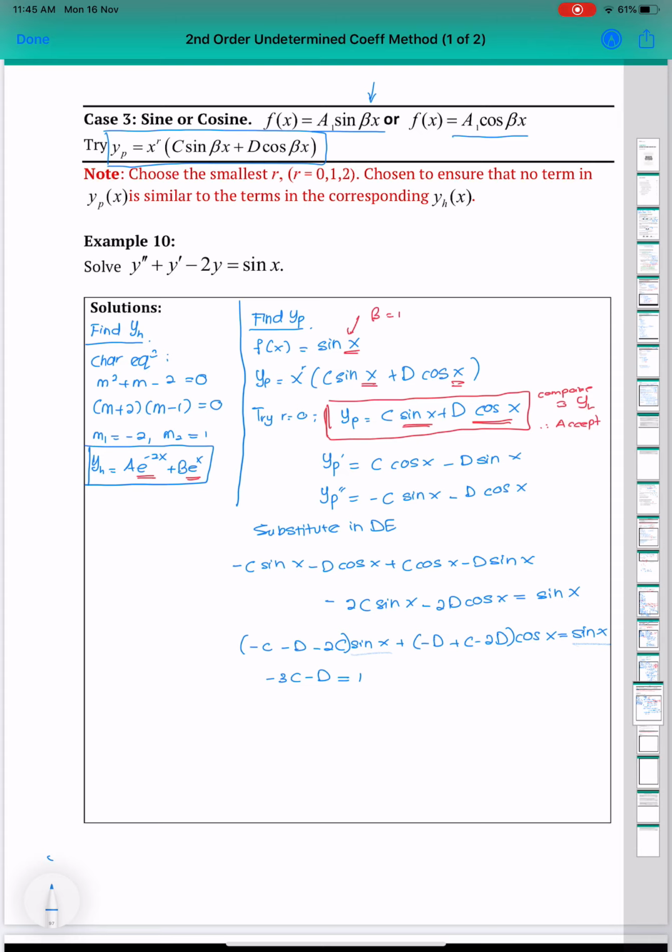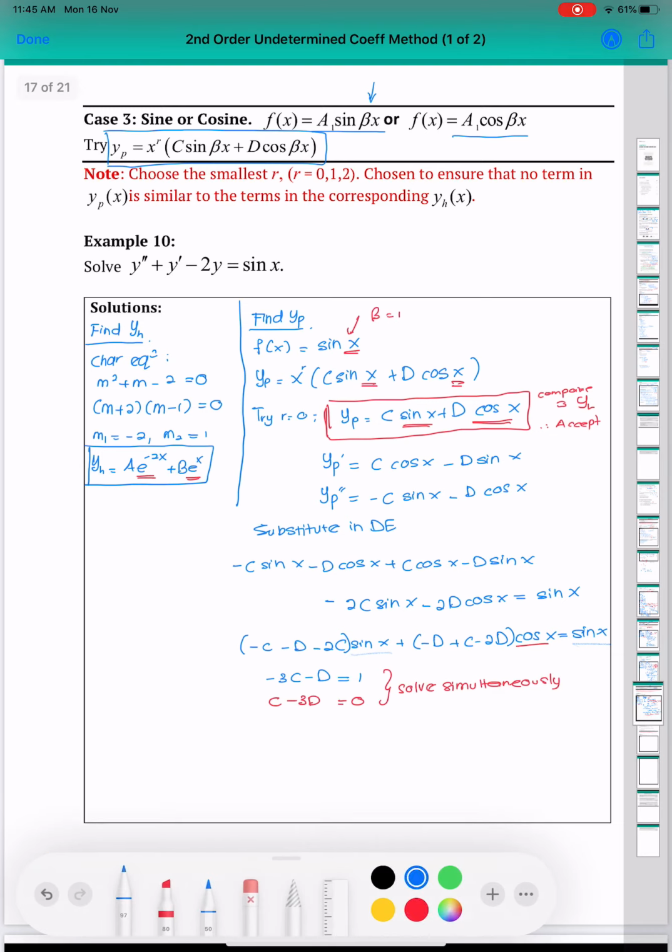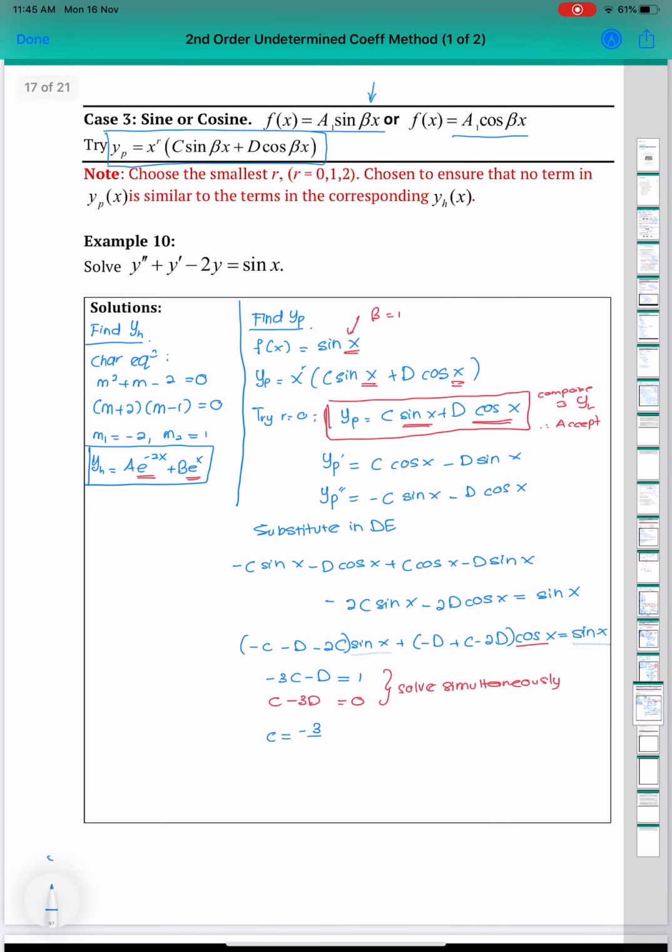And then when I compare cos x, on the right hand side I don't have cos x, so therefore I will get c minus 3d is equal to 0. So I solve simultaneously. I will get c equal to negative 3 over 10 and d equal to negative 1 over 10.